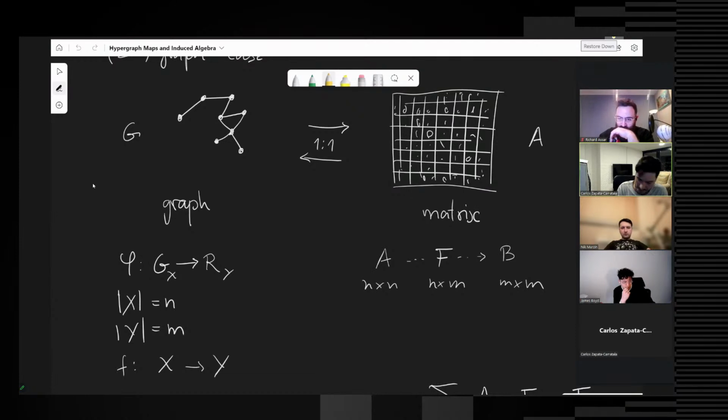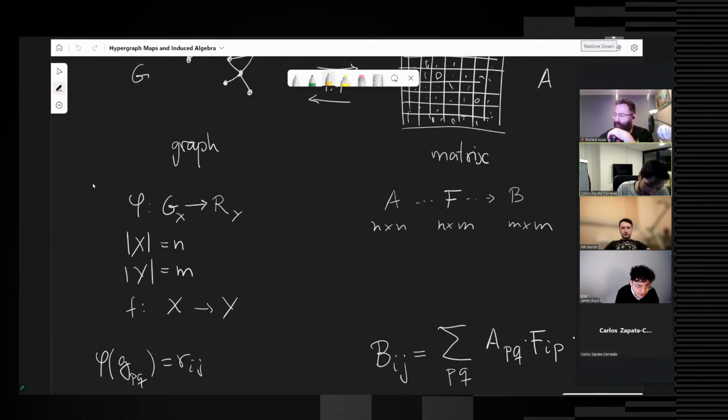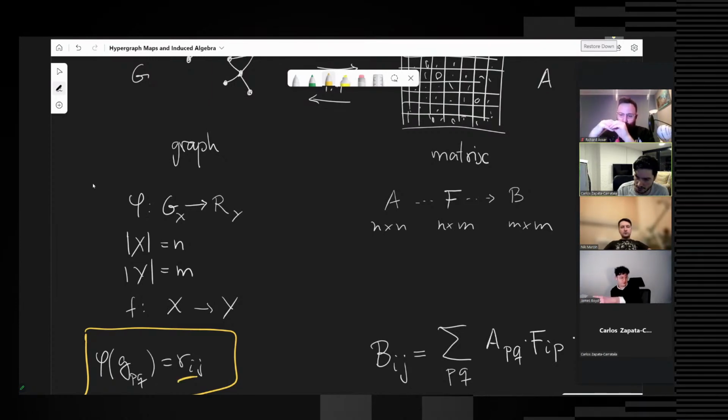Here, X and Y are the underlying vertex sets of two graphs. And phi is an assignment that maps things like this: G is some edge on the vertices P and Q, some indices for the vertices, and phi maps it into some vertex on R, right?